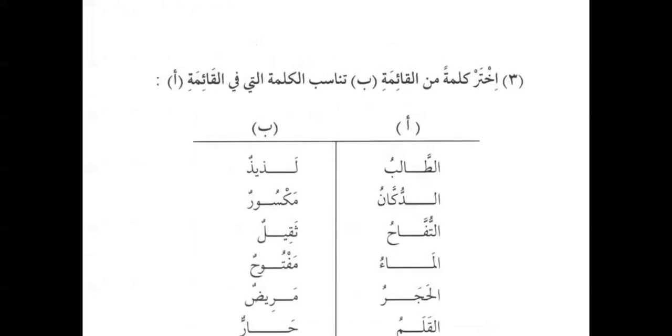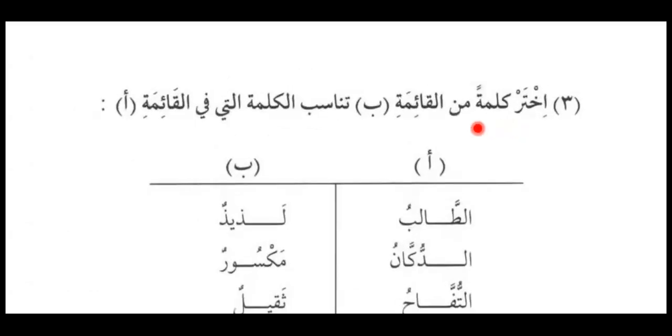Now, the instruction goes: اختر كلمة من القائمة ب. القائمة means list. This is a list of words on the right, and this is a list of words on the left.